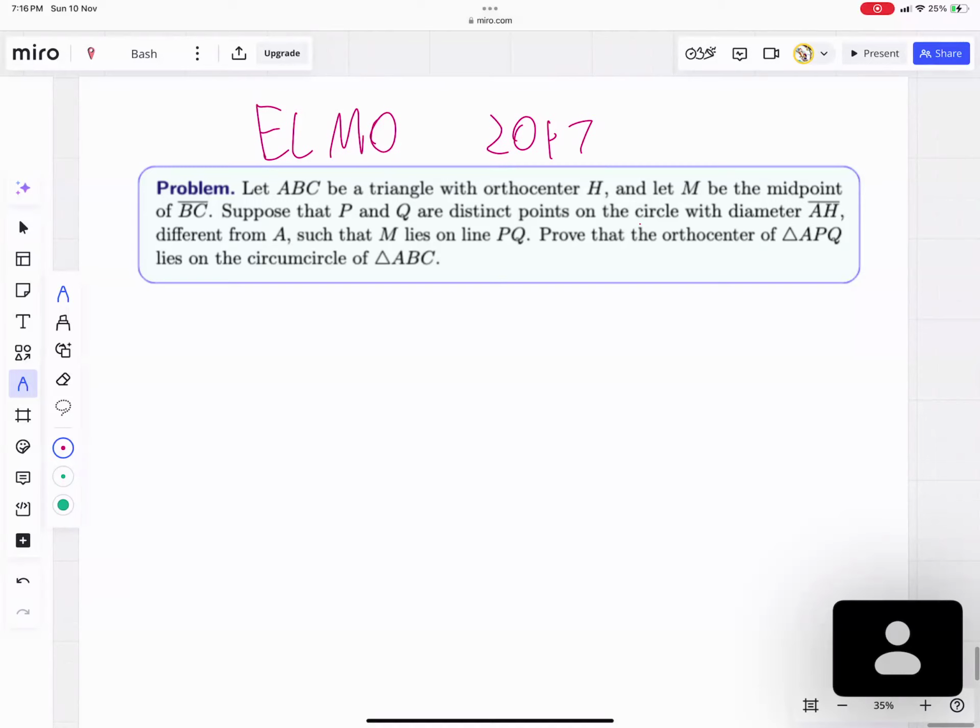Does anyone have any ideas? Any ideas? Let us finish drawing the diagram a bit. Okay, sure.